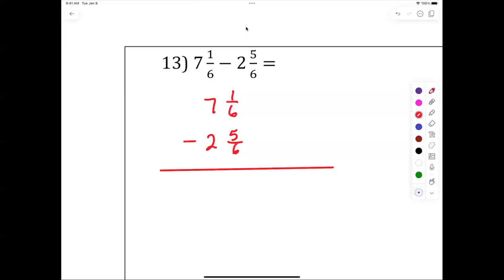Can I go 1 minus 5? No, I can't do 1 minus 5. The reason why I can't do 1 minus 5 is because I have 7 wholes over here. So he is 100% correct. I've got to borrow. And when I borrow, the 7 becomes a what? 6. Does anybody remember what I do with these two things right here? What is that?